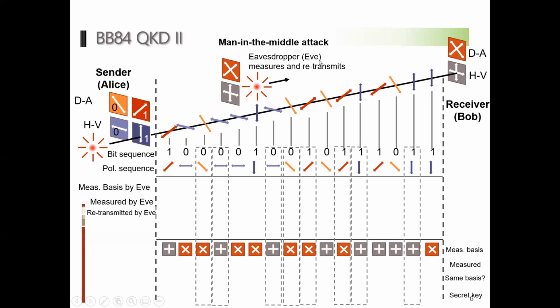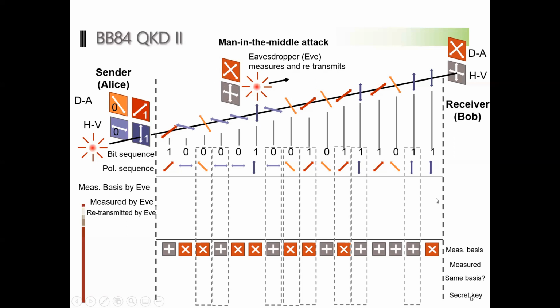Eve cannot have any more information than Bob because, before the transmission of the photon is done, Alice won't tell what kind of basis she used for each of the photons. So like above, all Eve can do is randomly choose between these two bases.